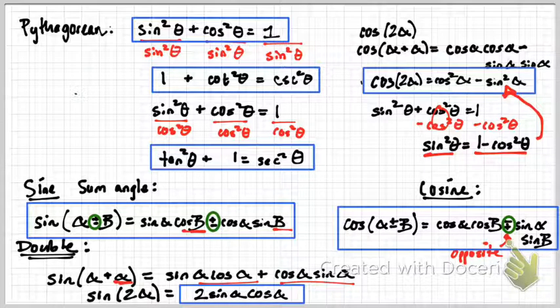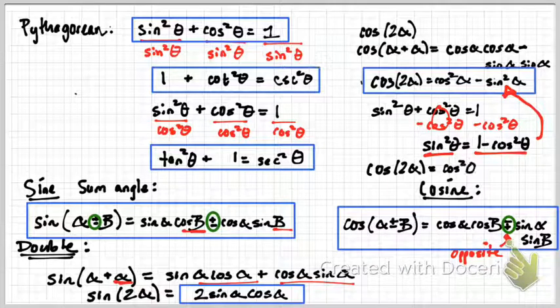So let's go ahead and do that, and be very careful with your parentheses. We get cosine double angle, running out of room here, equals cosine squared theta minus 1 minus cosine squared theta. So literally it's the same thing, except I'm replacing sine squared with 1 minus cosine squared.